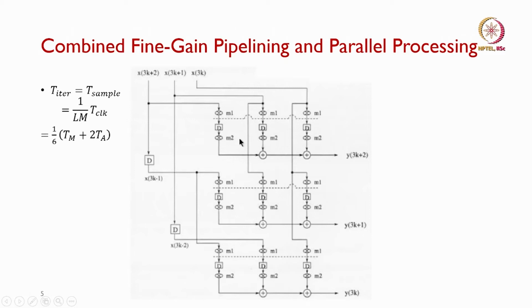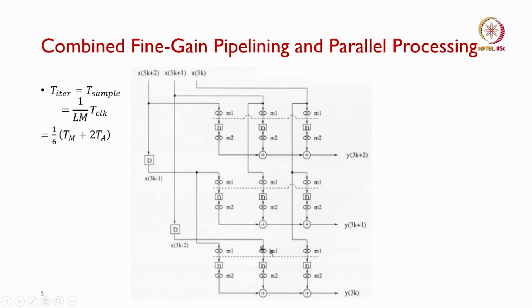So, I have provided two pipelining, basically M is equal to 2 and L is equal to 3, then my iteration time is going to be 1 by LM, which is 1 by 6 of the original time. I will be getting the output.